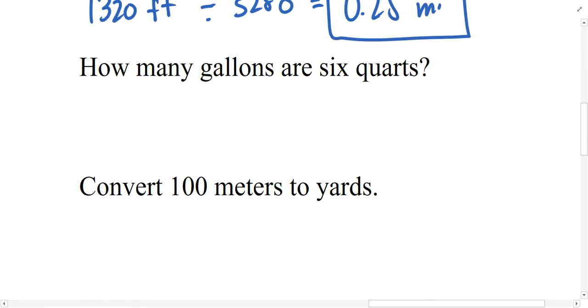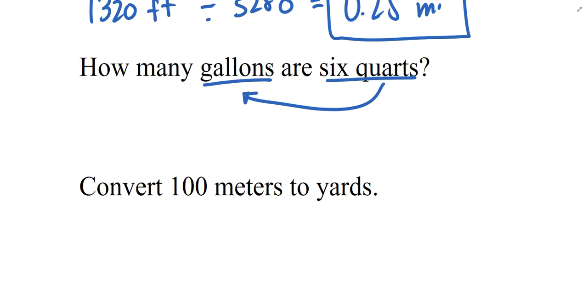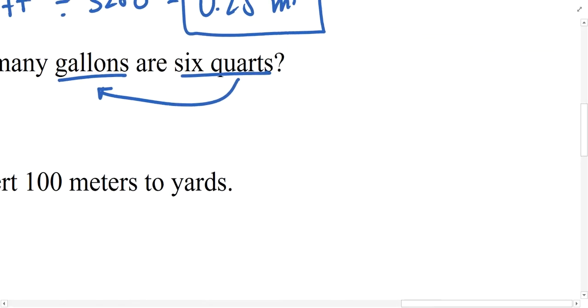So the next question, how many gallons are 6 quarts? So quarts and gallons are standard units, so we're going to have to use our conversion factors. We are starting with 6 quarts, so we're going from quarts to gallons. So that's a bit weird the way this question was written, but we can interpret that. 6 quarts are being changed to gallons.